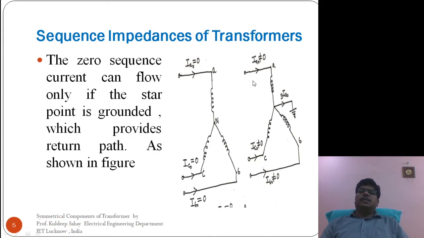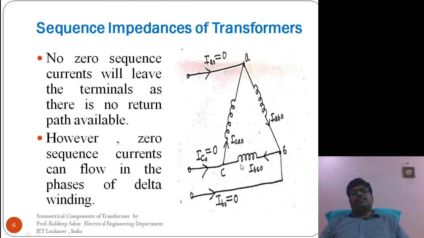Normally these zero sequence currents are equal to each other, meaning IA0 equals IB0 equals IC0. So finally in this case there will be 3 IA0 current that will flow through the neutral to the ground.